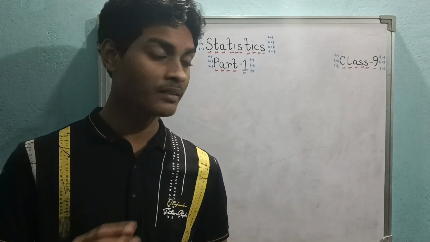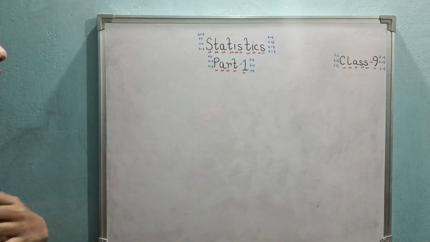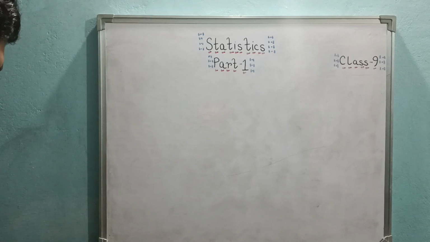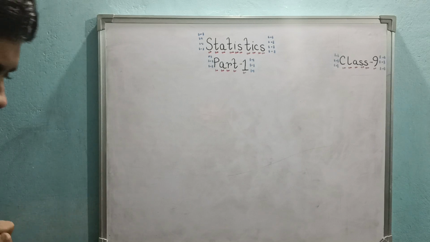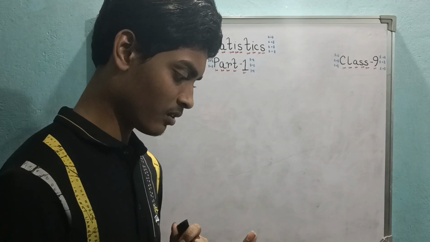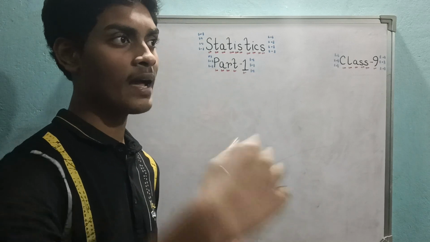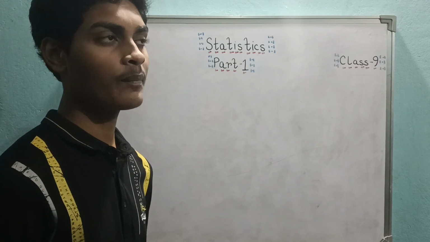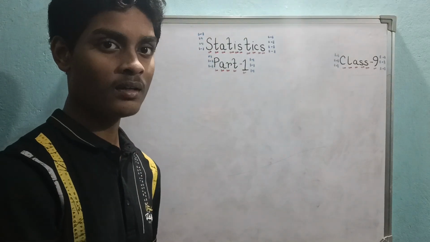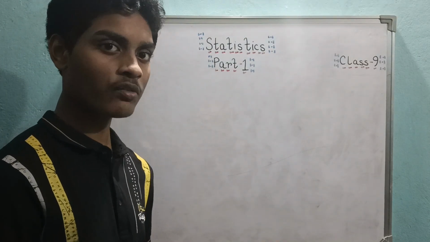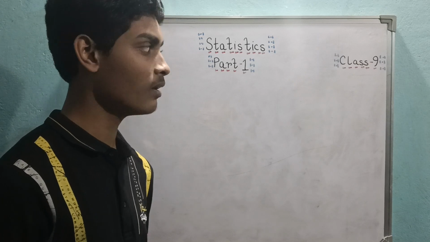So with that I begin this very new chapter for class 9. As the name suggests, statistics is from stats. Here also you have two types: one is the data, another is the stats of that data. Suppose you have the names of five cricketers and how many runs they scored in 2023. That's also a type of stats of those players.